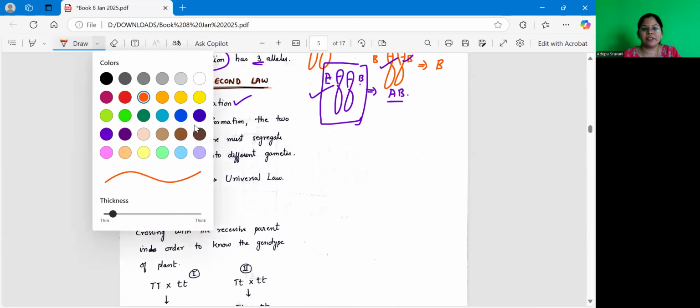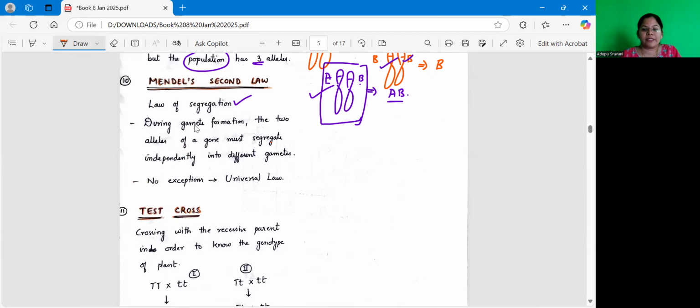I'll explain this here. Let us say we have the homologous chromosomes. Let me write chromosome number 1. Now, during gamete formation, please remember the second law and third law both are applicable only during gamete formation.